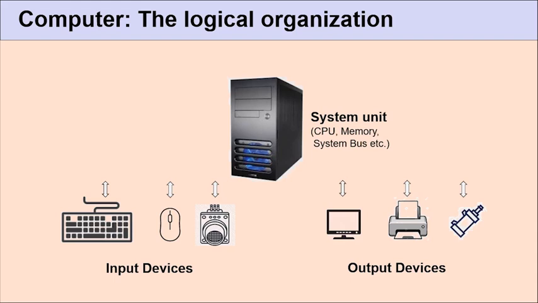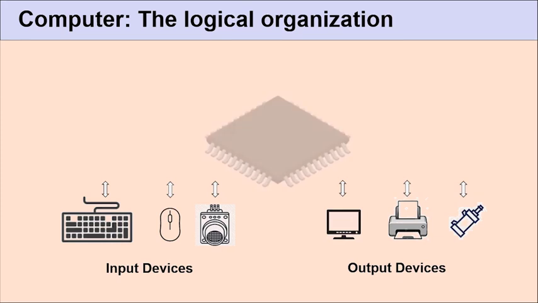to function correctly. In small computer systems, for example, in an embedded system that is included inside some other device, the CPU, memory, and system bus are so small, so miniaturized, that they can be packaged into one single integrated circuit or one single chip.